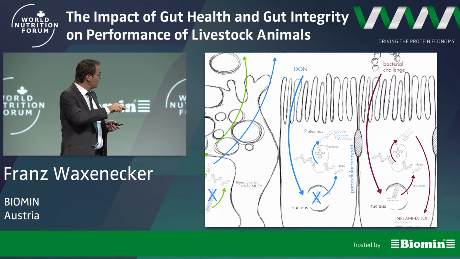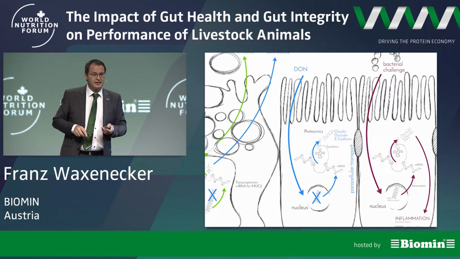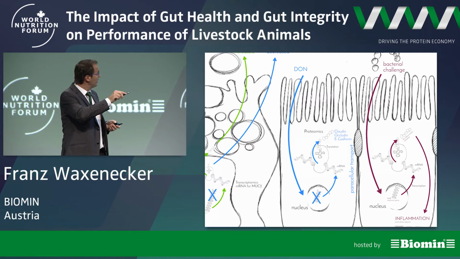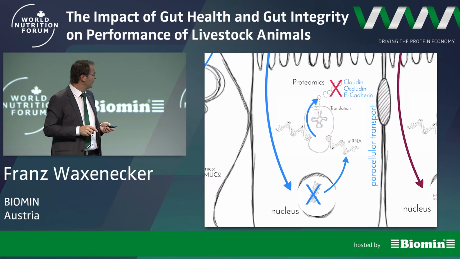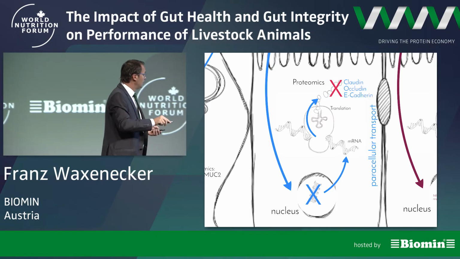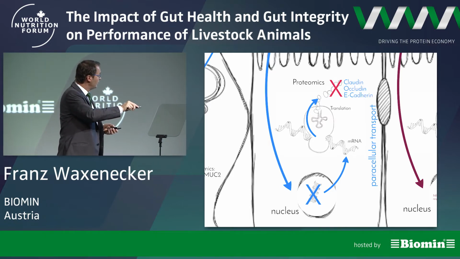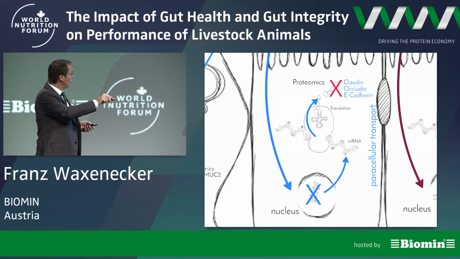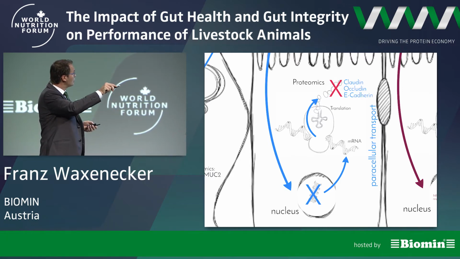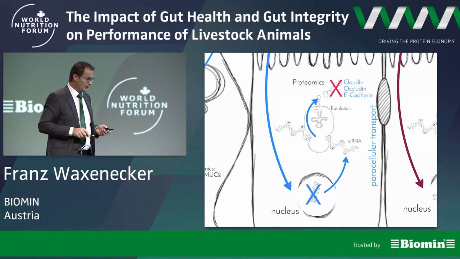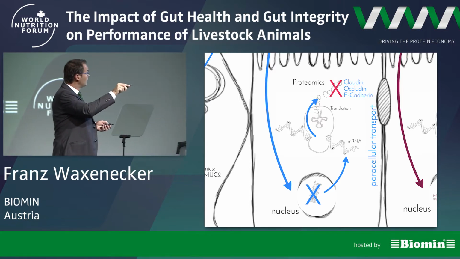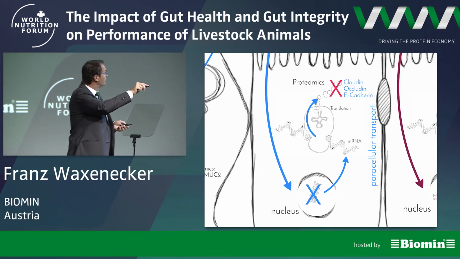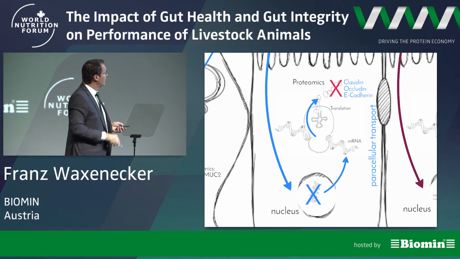Let's go to the neighbor cell in the next cell, and let us stay with the DON. Again, the deoxynivalenol is impacting a cell, influencing or blocking the transcription of the mRNA, which codes those proteins relevant for the tight junction proteins, the claudin, the occludin, and the cadherin.